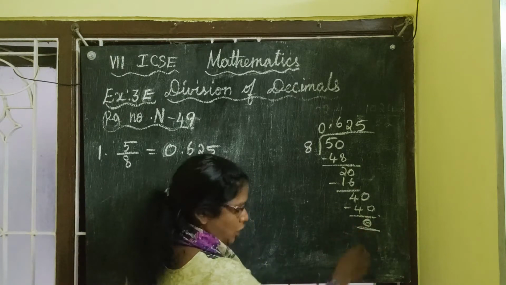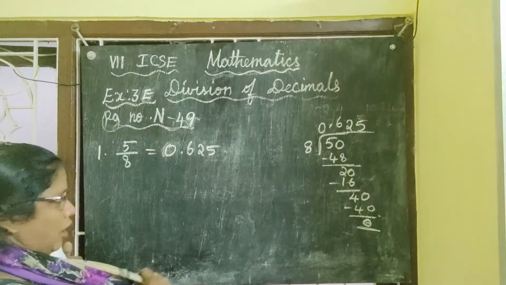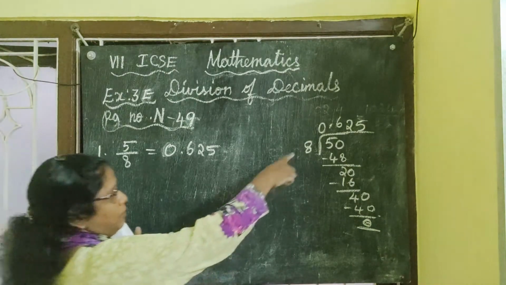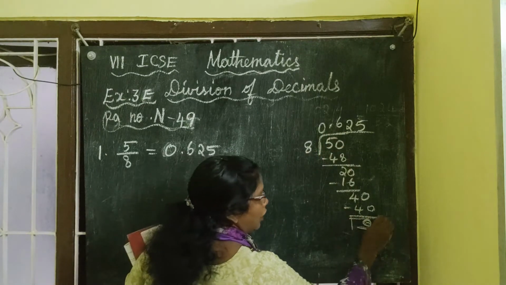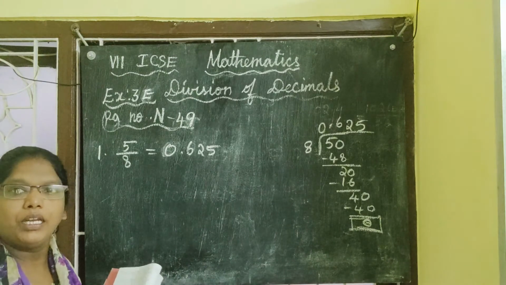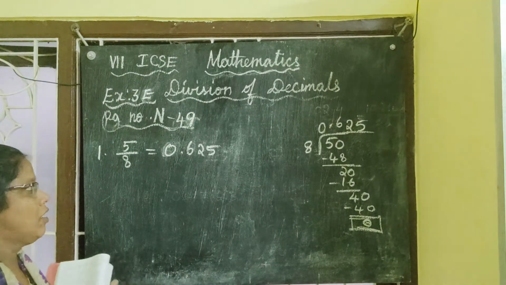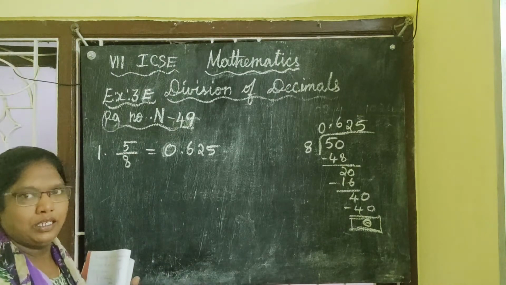Remainder I am getting as 0. After dividing the fraction, we are getting the answer in decimals, but we are not getting any remainder here. Okay, this is called a terminating decimal. Now 5 by 8 is a terminating decimal.